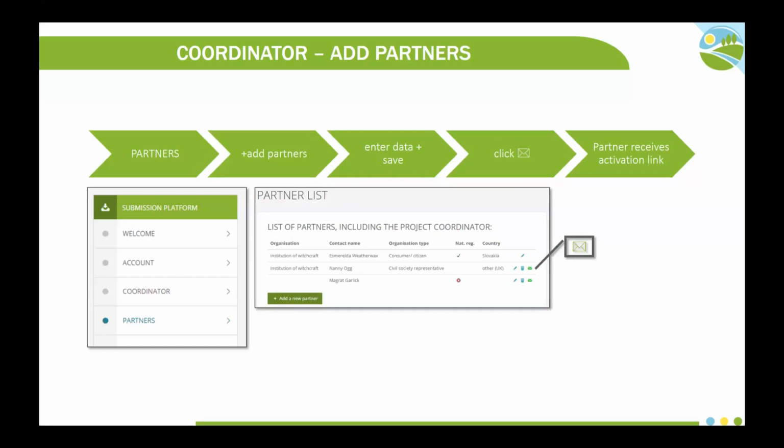If you click on it, the system will ask you if you would like to invite this partner, and if you confirm, the partner will receive, as you have received, an activation link via email from the Agroecology call office. Then this partner can click on the activation link and log in as partner to your consortium. He will then be fully activated and can use the portal as well.